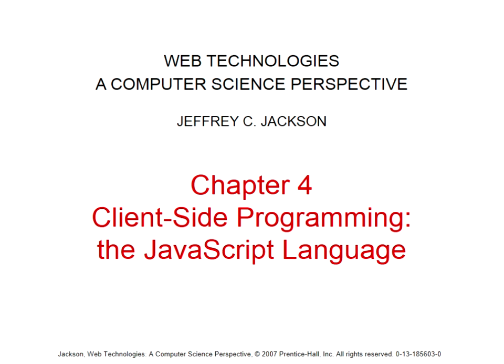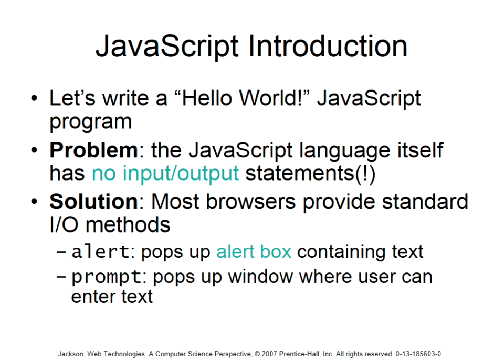Alert and prompt are provided by the browser and not by the JavaScript engine. Why? Because in JavaScript you cannot find input-output methods. So the JavaScript language has no input-output statement.